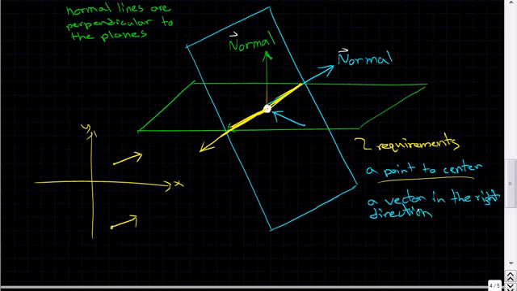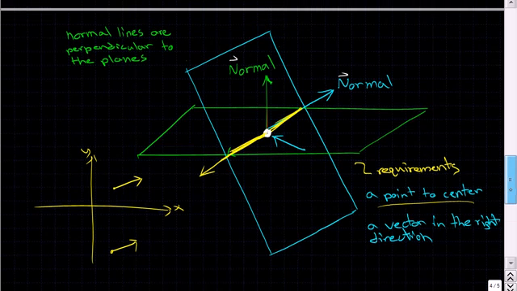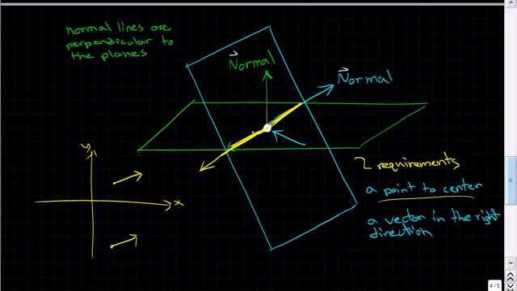Let's go over how to find, first off, a vector in the right direction. The way we do this is we draw the normal lines. The normal lines are perpendicular to the planes. For instance, this blue normal line is directly perpendicular to this blue plane. We can take the green normal as well, and that is directly 90 degrees to the plane.